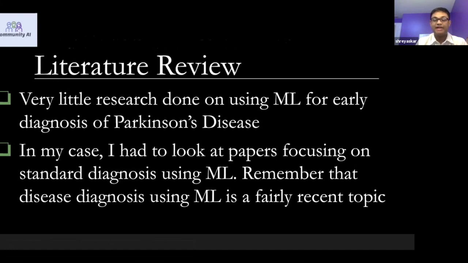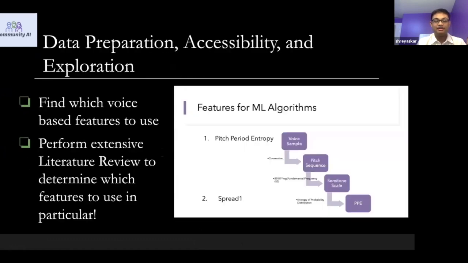So there aren't many papers regarding early diagnosis of Parkinson's. However, I could find a lot of papers focusing on the standard diagnosis of Parkinson's using machine learning, and those are the papers I had to read to determine my features and things like that.